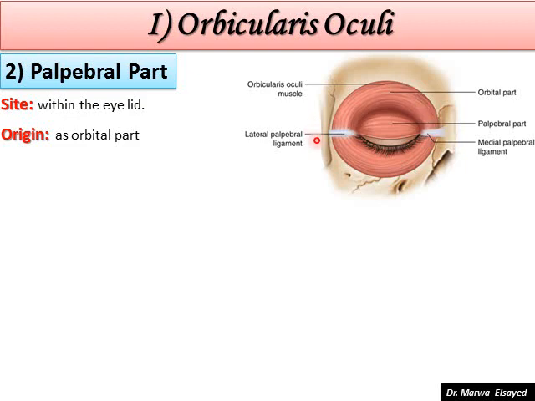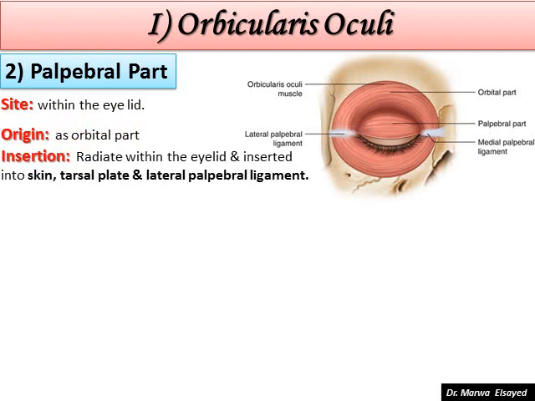The insertion of this palpebral part passes into the superior or inferior eyelids, inserted into the tarsal plate, the lateral palpebral ligament, and the overlying skin. The action of this part alone produces gentle closure of the eye, as during sleep.